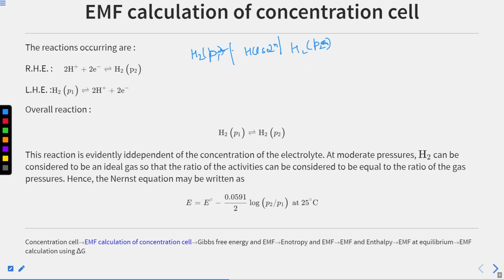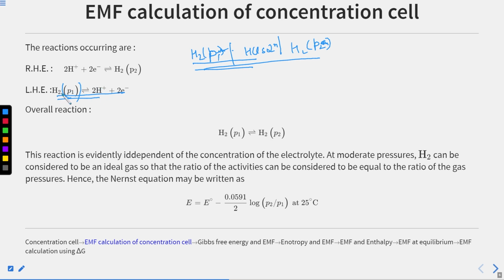If you see this cell representation, you can see very clearly that on the left hand side H2 is going to H plus. What is happening on the left hand side? H2 is going to H plus. So we have H2 at pressure P1, it is going to H plus, and since we have two hydrogens here, we'll have two hydrogens here also.